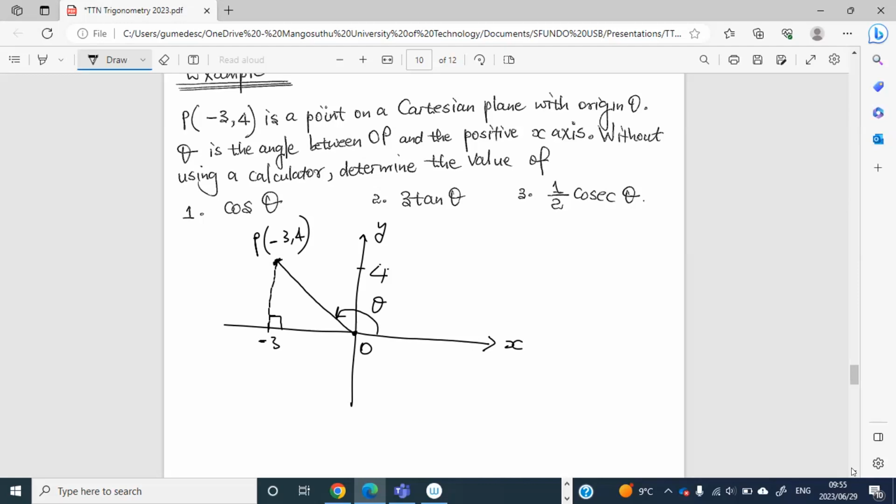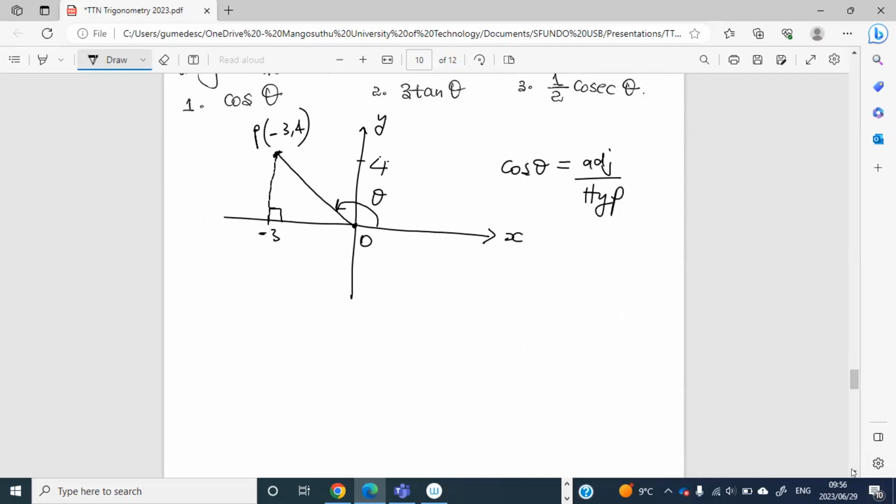For cos theta, you need the adjacent side over the hypotenuse. If theta is here, the adjacent side is this side that we know. The hypotenuse is the side opposite to 90 degrees. So the first thing we need to do is find the length of the hypotenuse.